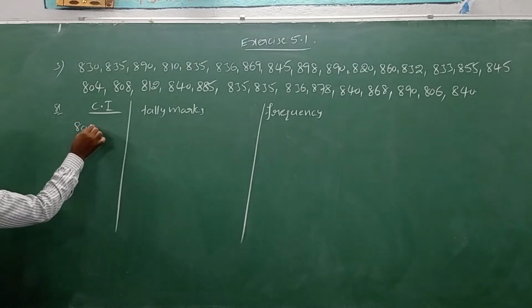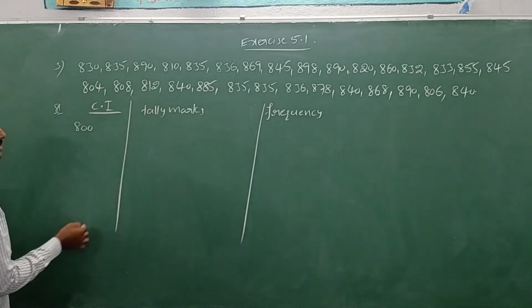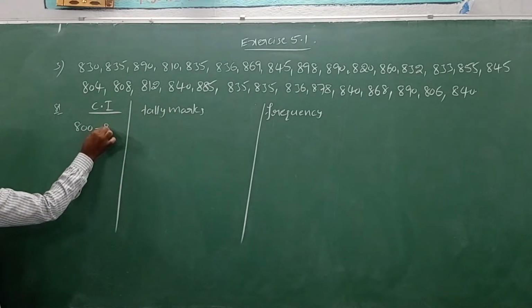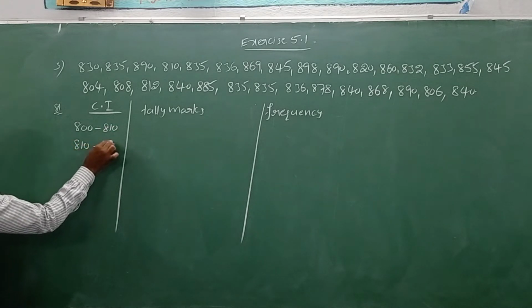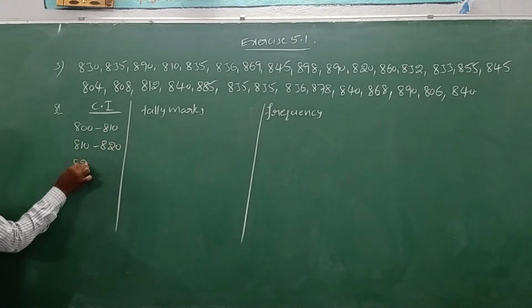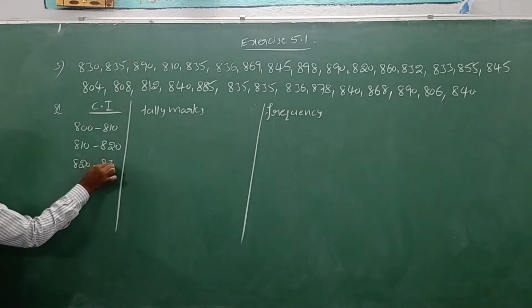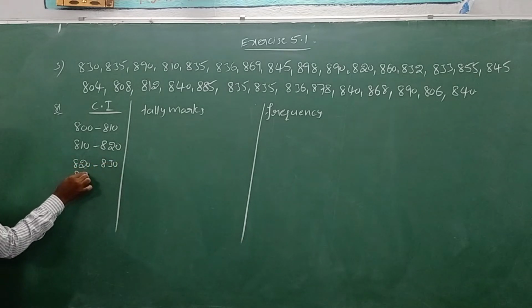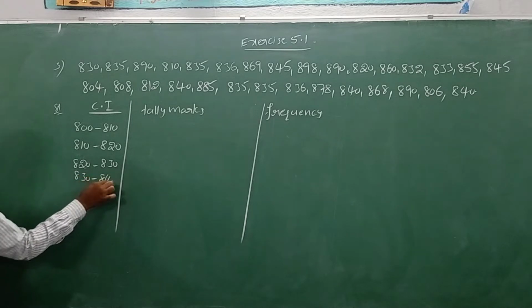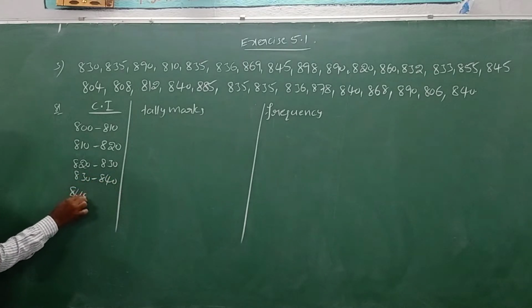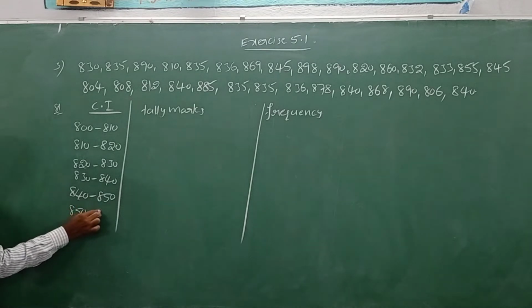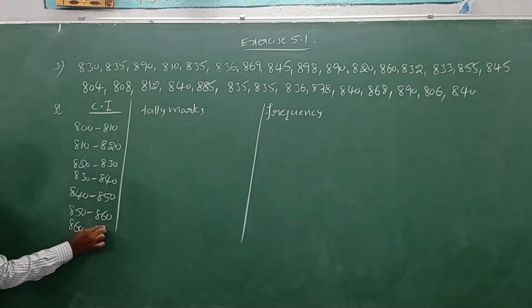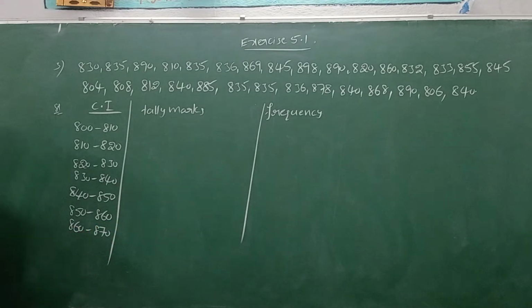There is no observation below 800, you can see there. 800 to 810, then 810 to 820, 820 to 830, we'll take 830 to 840, 840 to 850, then again 850 to 860, 860 to 870. Let's see what the maximum value is.